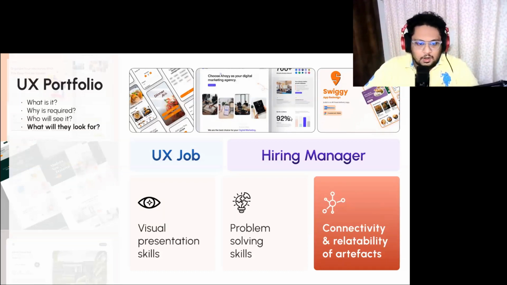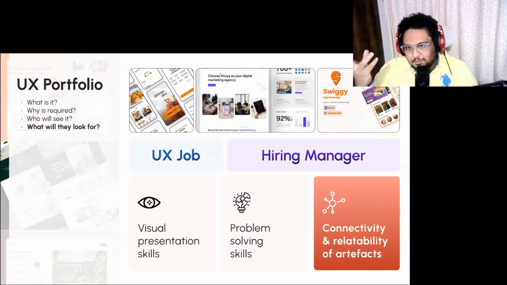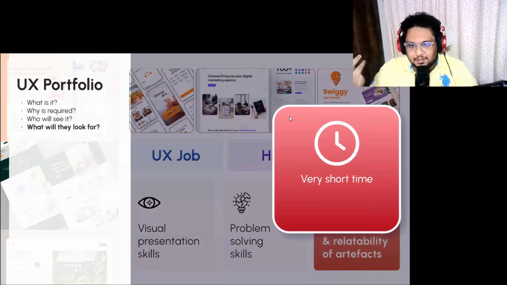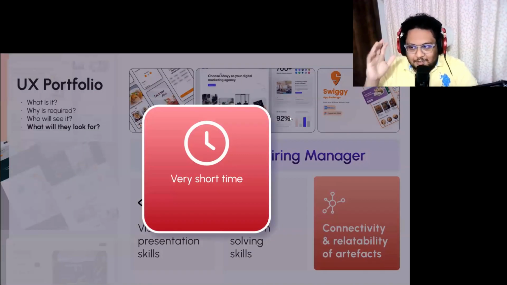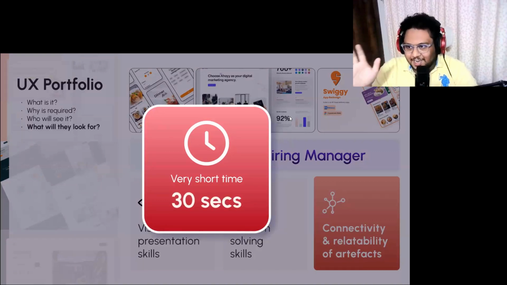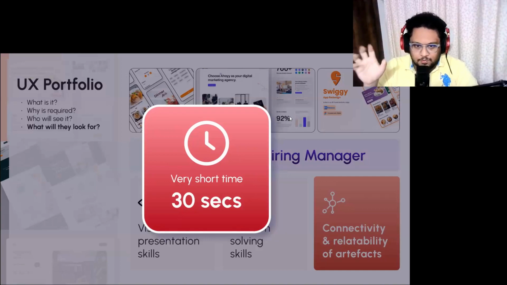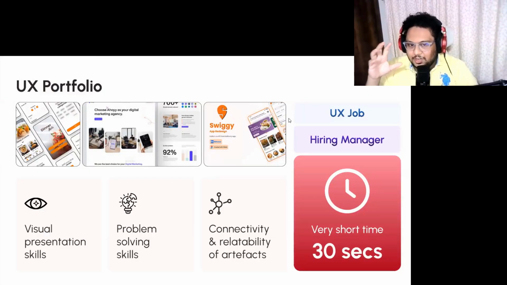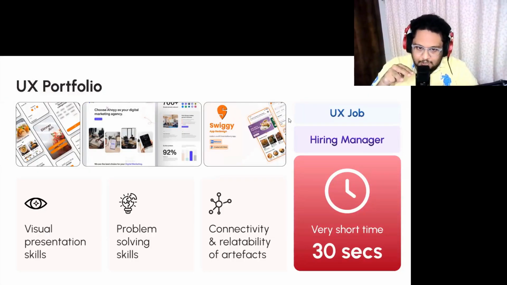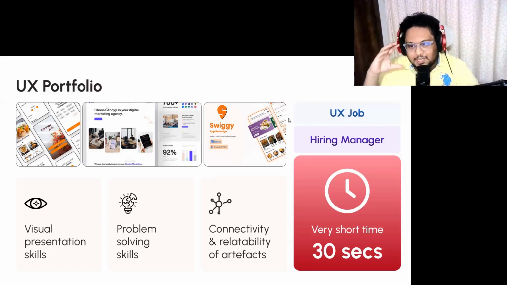Now, how much time does a hiring manager spend on it? It's very, very short. It turns out that it is just 30 seconds that a hiring manager would skim through your whole portfolio. All of these 3 major goals need to be met in this very, very short time, right?